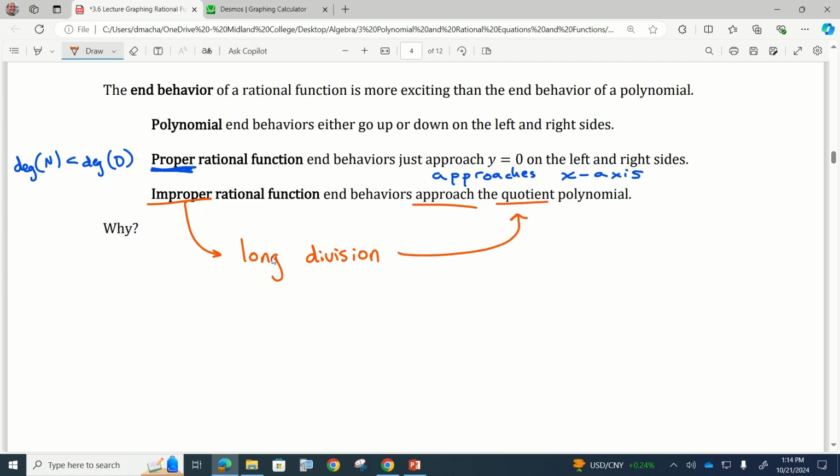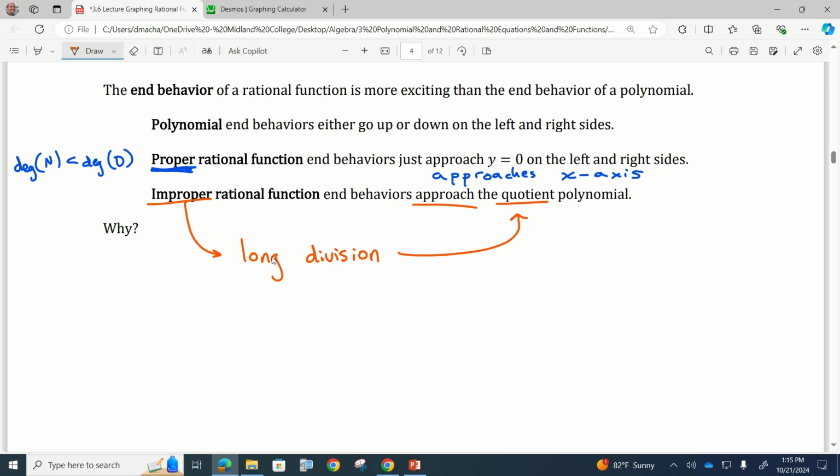And I'm talking about the quotient you get from long division. Maybe your quotient polynomial is a line, or maybe it's a parabola or something else. As you go off to the left and go off to the right, your rational function is going to get closer and closer to whatever that line or parabola looks like. We'll see some examples here in a minute.